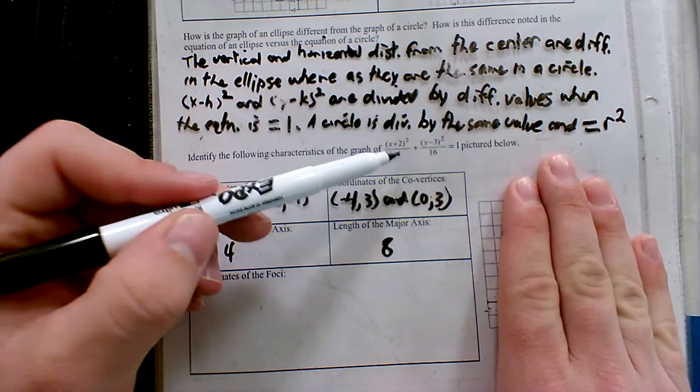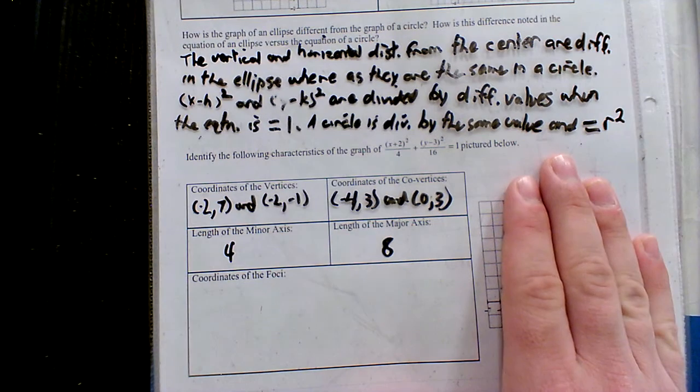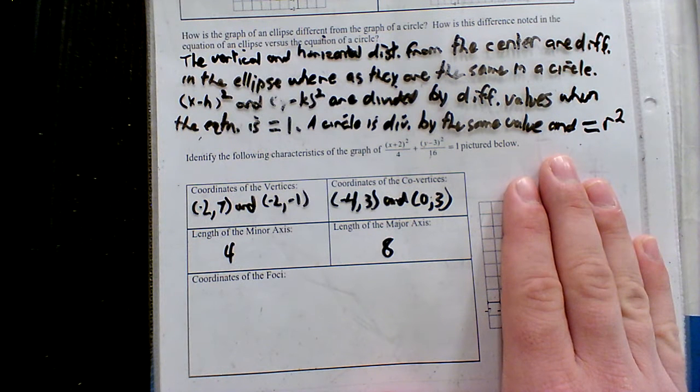If we didn't have the picture and only had the equation, how could we find these two? So let's focus just on the minor axis first. Who could tell me about that? You didn't have the picture over here, you only had this. And I want the minor axis.